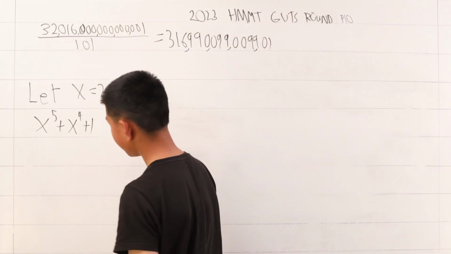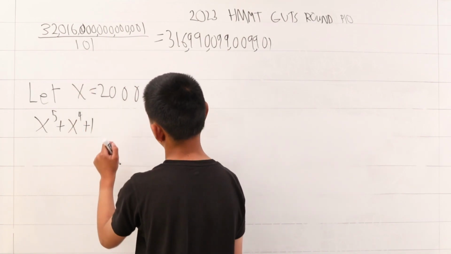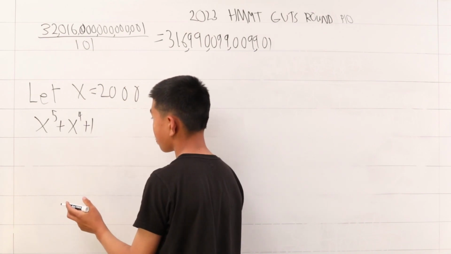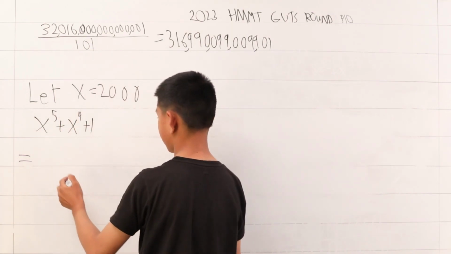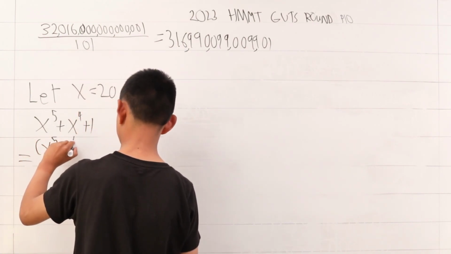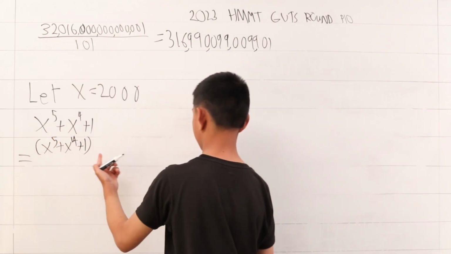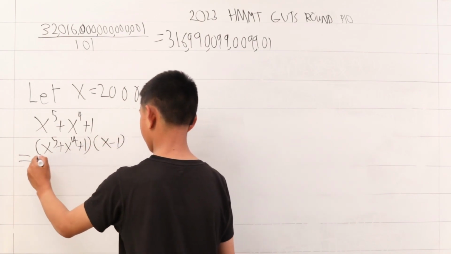Basically, in this way, usually we want to increase the powers, but now we want to decrease the powers. We can do that by multiplying x to the power 5 plus x to the power 4 plus 1, our nice little expression, by x minus 1.